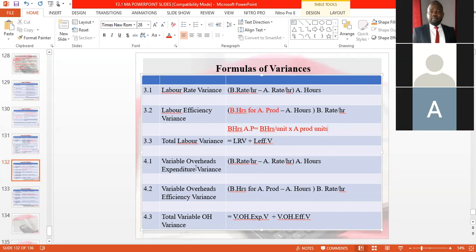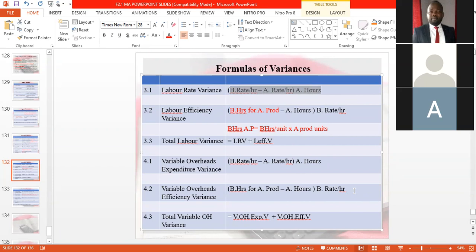Next, there is variable overhead expenditure variance. How do we get it? The formula is the same as labor rate.